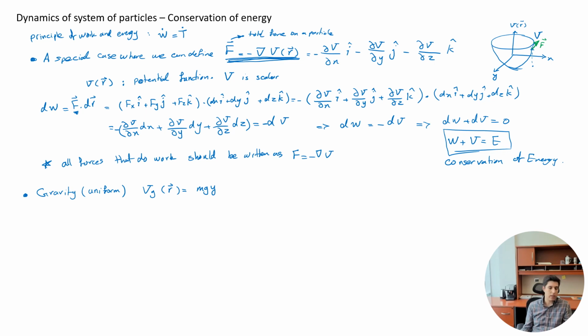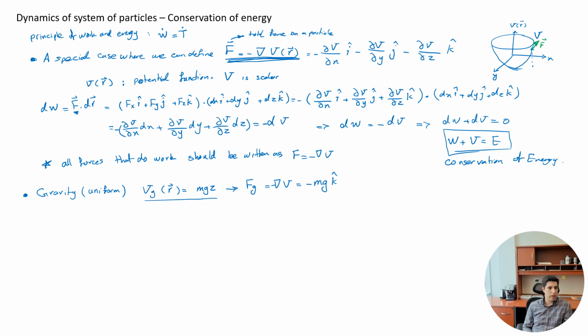So if I take the negative gradient of v, now you'll see the familiar one: minus mg in the k direction. So you see, I can write the force of gravity using a potential function.